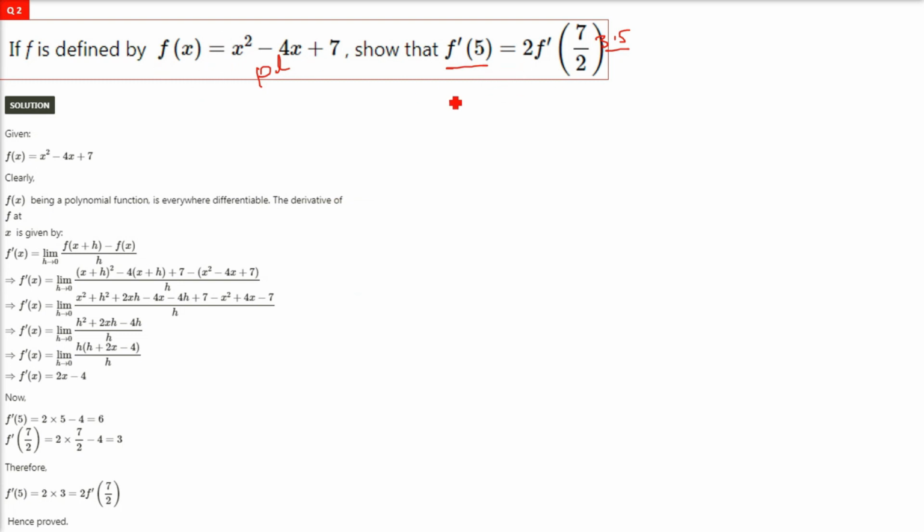So f dash x, simply as I said in the first question also, is f(x plus h) minus f(x) divided by h. This is the differential or differentiation or the derivative. So now we'll not put the value right now.